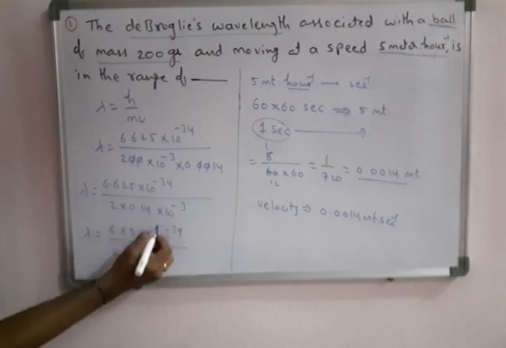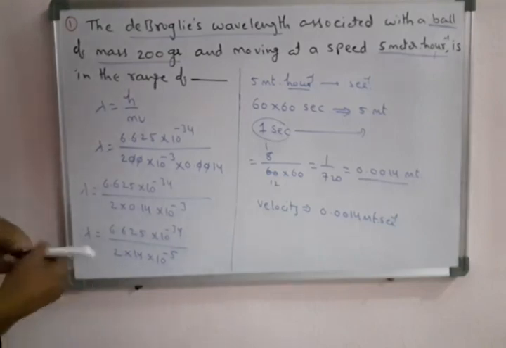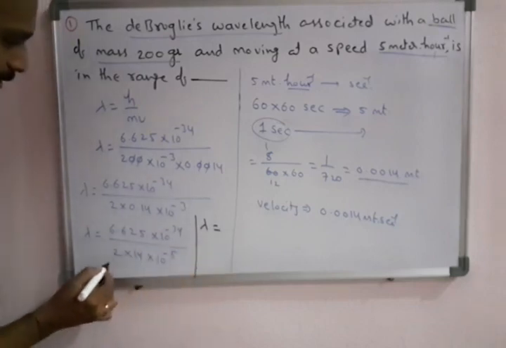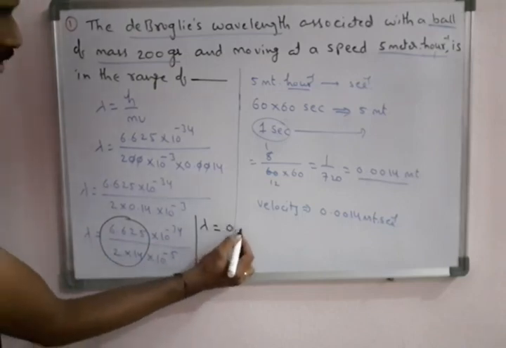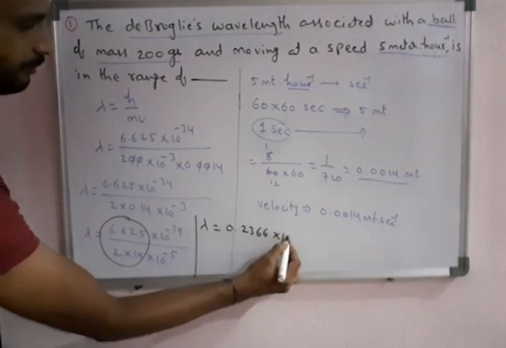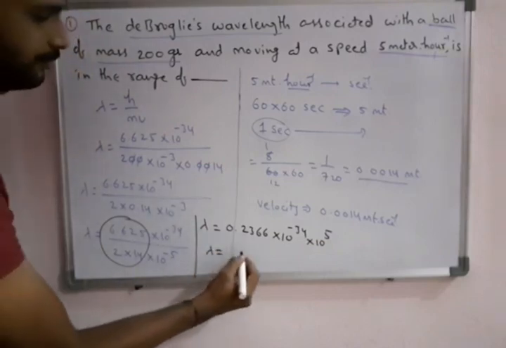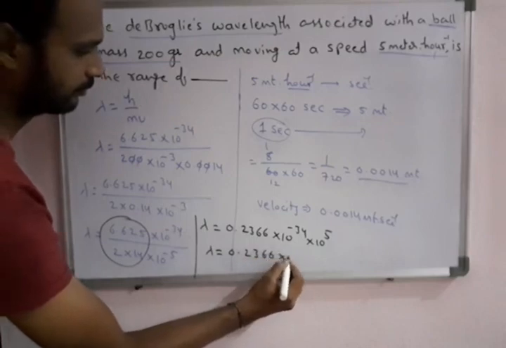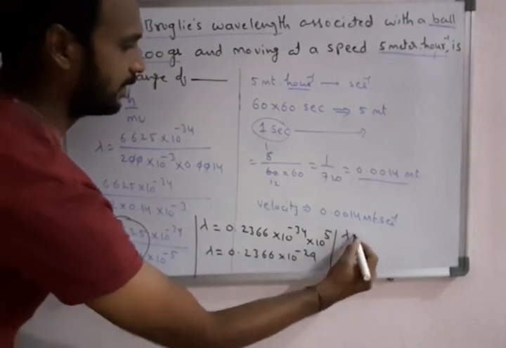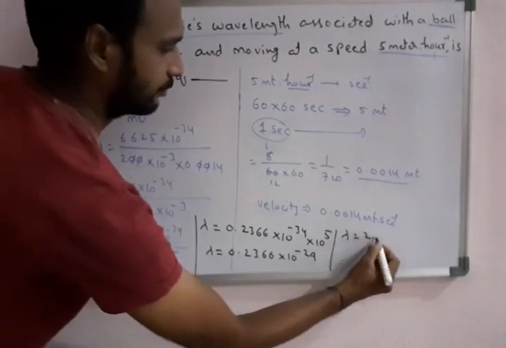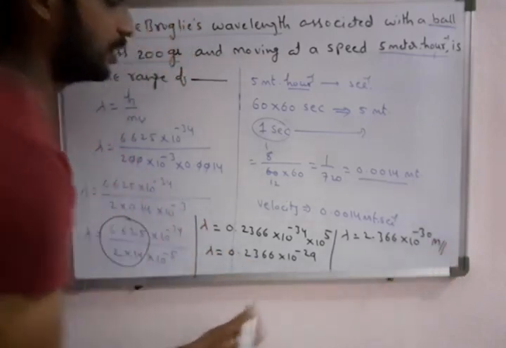Into 14 becomes 10 power minus 5, and here we get lambda is equal to 6.625 divided by 28, approximately 0.2366, and finally the lambda is in the range of 10 power minus 30 meters.